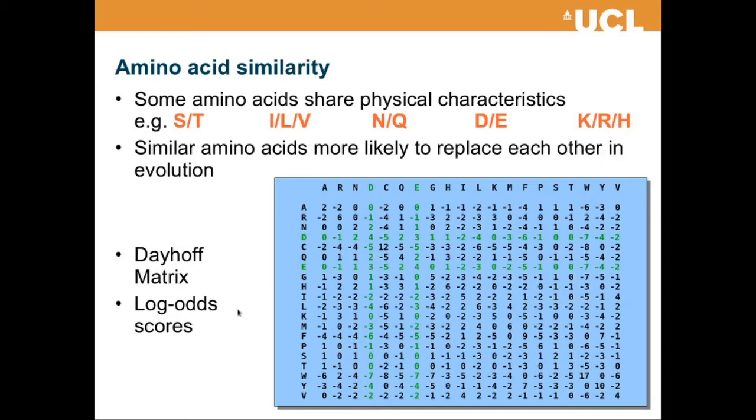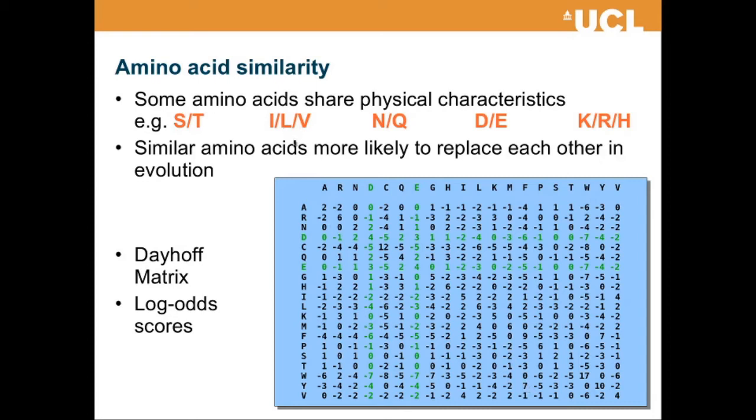Another good example is tyrosine and phenylalanine, which both have a phenyl ring. Tyrosine just has a hydroxyl group added onto the end. So tyrosine is Y, phenylalanine is F. So those score very highly. There is nothing else that really looks like them in terms of their physical characteristics.